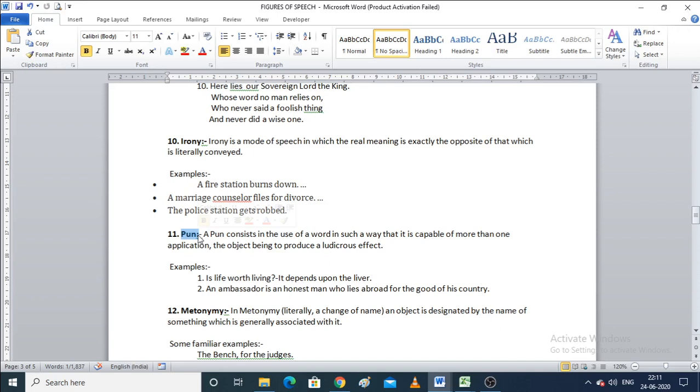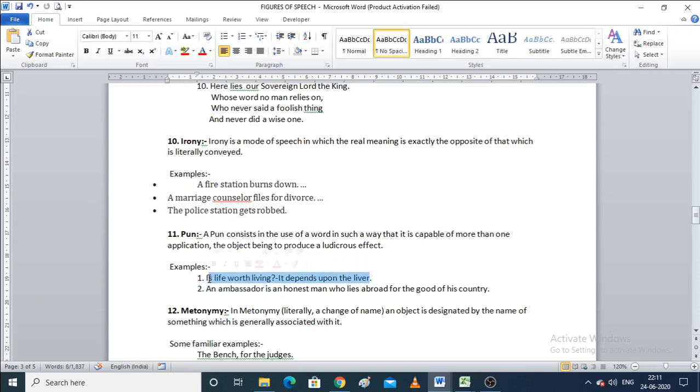Now, when we use a word which has several or more than one application in that particular sentence. For example, the first example, is life worth living? It depends upon the liver.